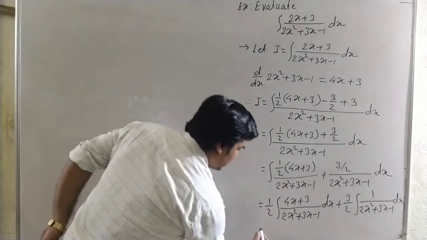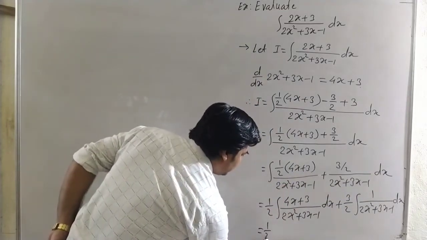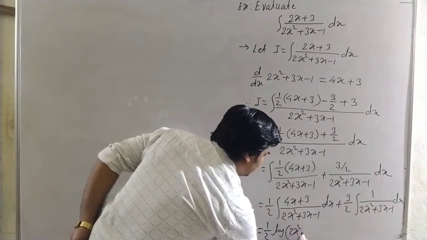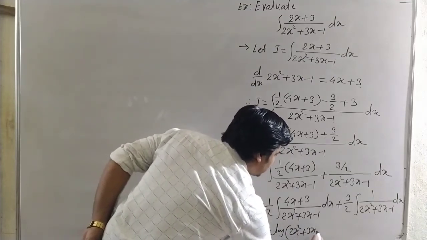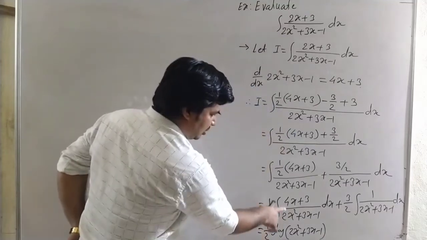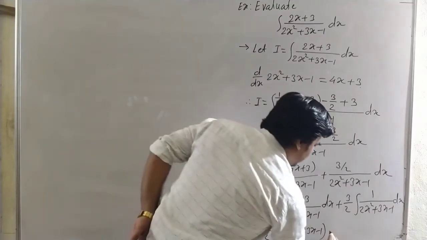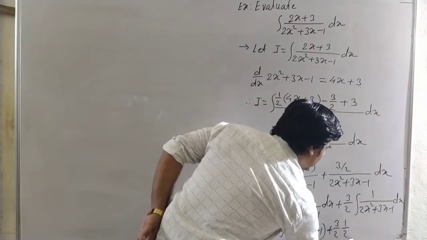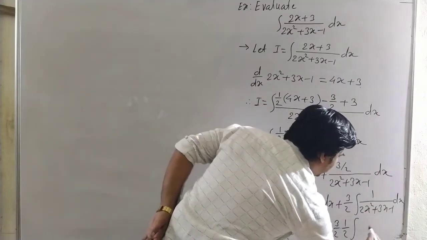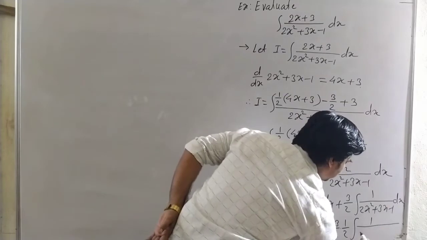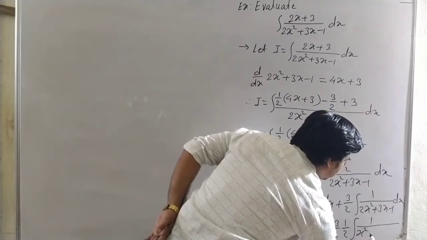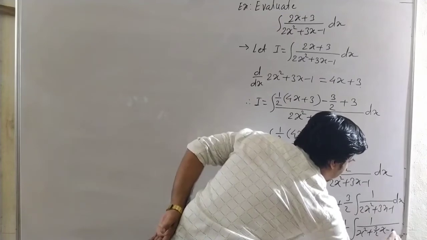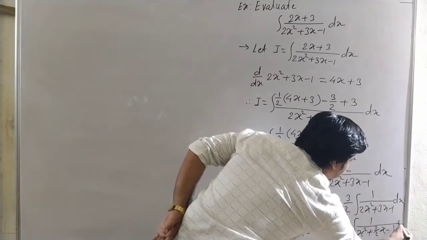Then we can directly write the answer of this term: 1 by 2 log of 2x square plus 3x minus 1, okay, f dash of x upon f of x. Plus 3 by 2 into 1 by 2, take 2 common, and into integral of 1 upon, see carefully, x square plus 3 by 2 x minus 1 by 2 dx.